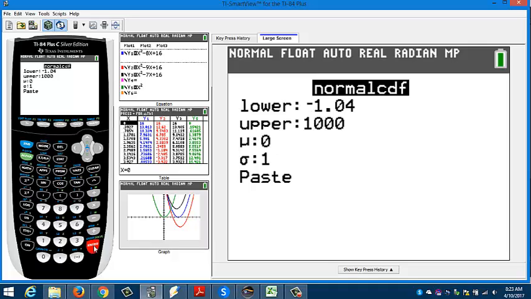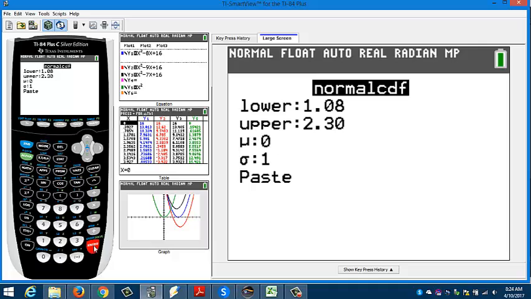If you don't have that, all you have to do is type in the lower bound, comma, the upper bound. So for our problem, what are we going to type in? Well, we're going to type in 1.08. The lower bound is farther to the left. And for the upper bound, what am I going to type? 2.30, or even just 2.3.